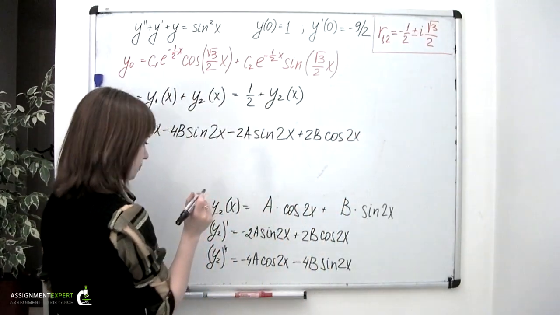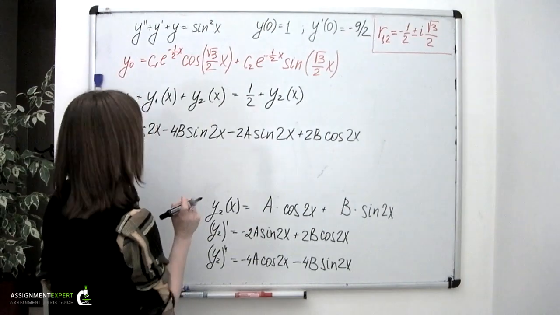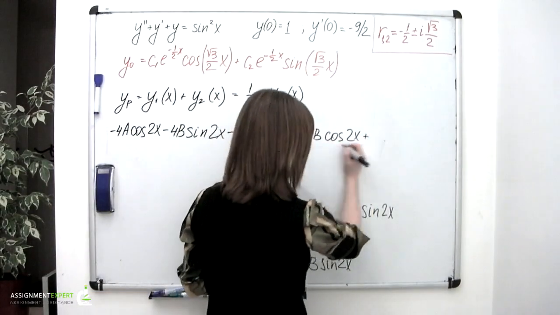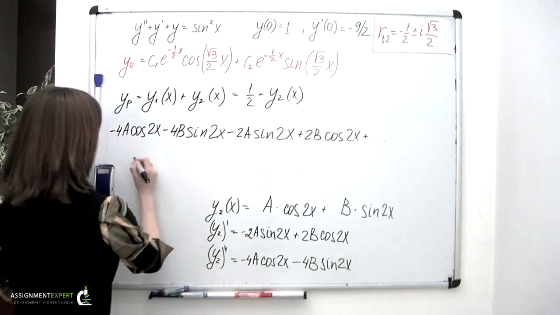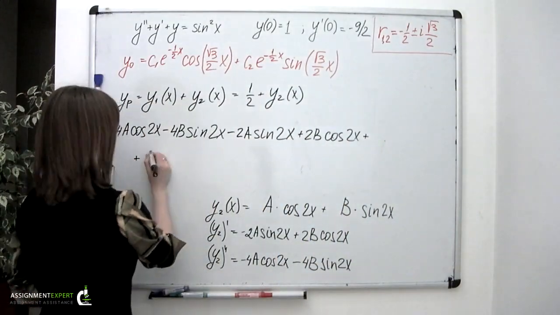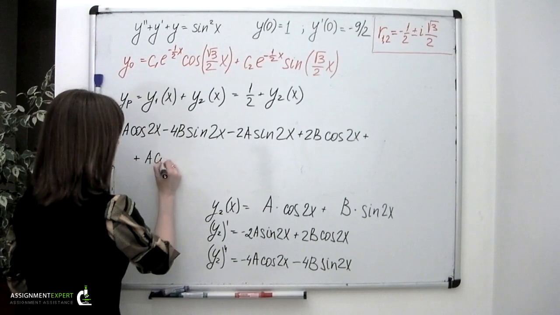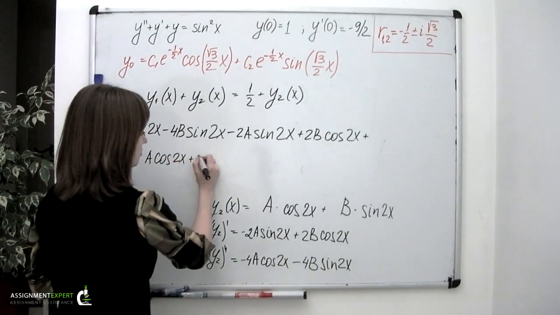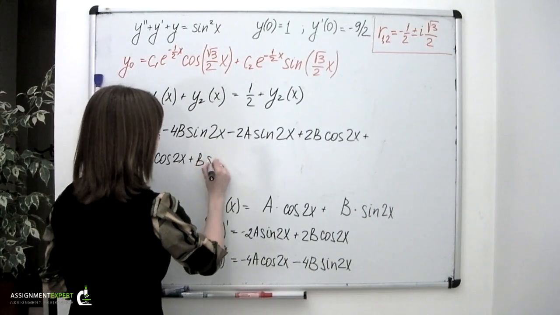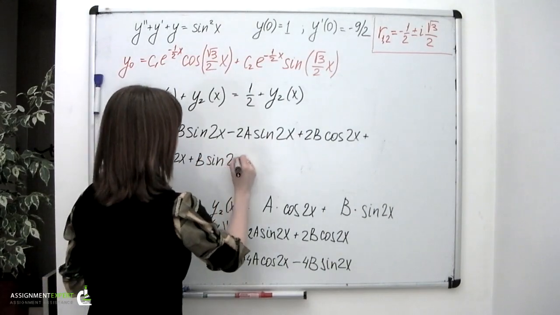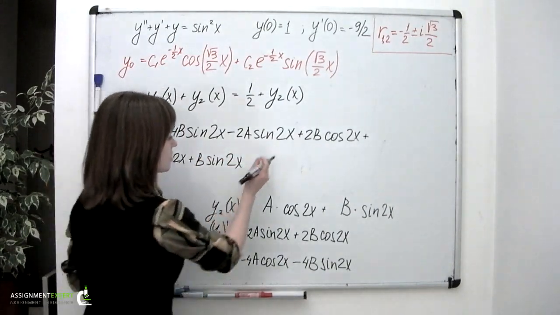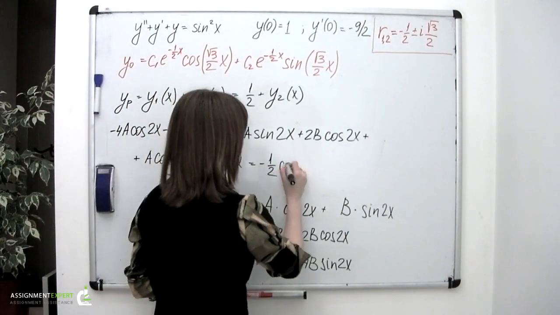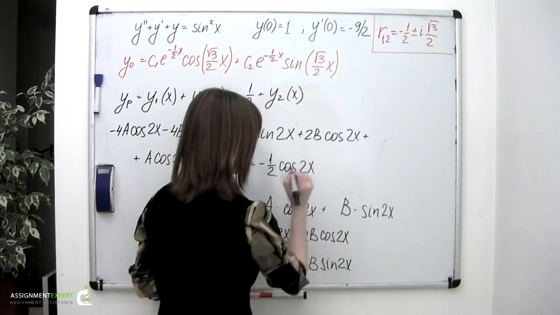Now we need to add the y function, so plus a times the cosine of 2x plus b times the sine of 2x, and this whole thing is equal to negative 1/2 times the cosine of 2x.